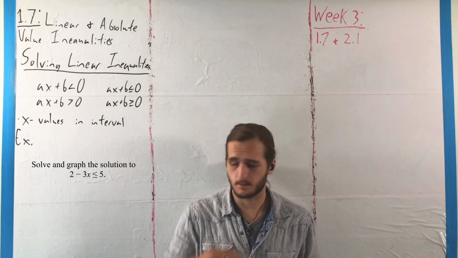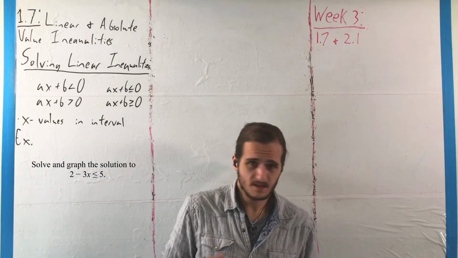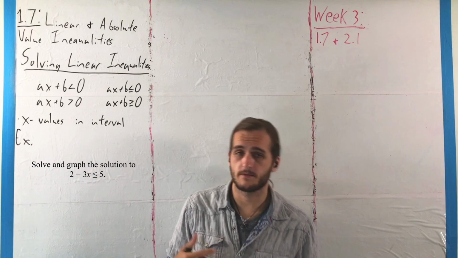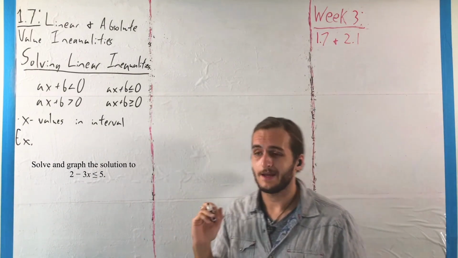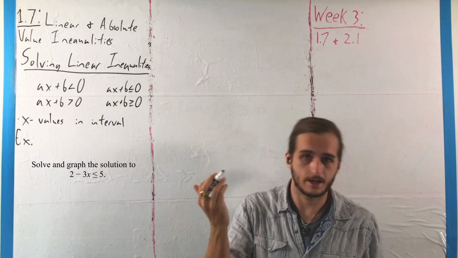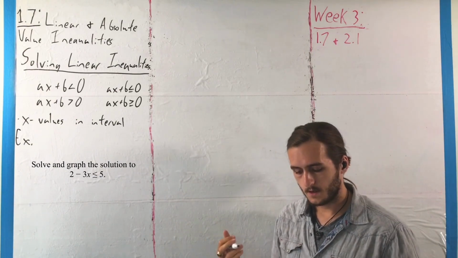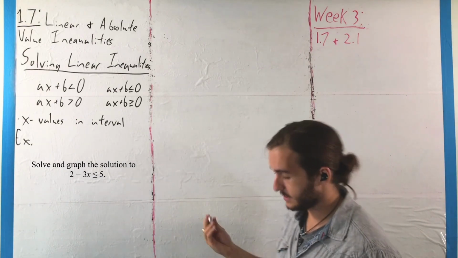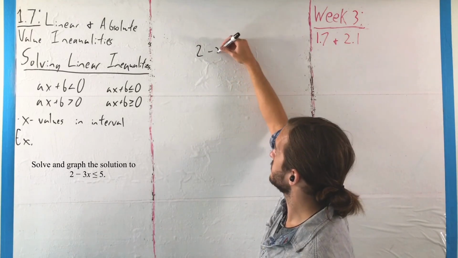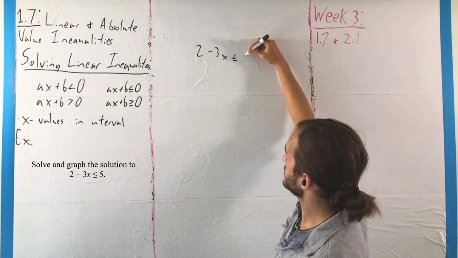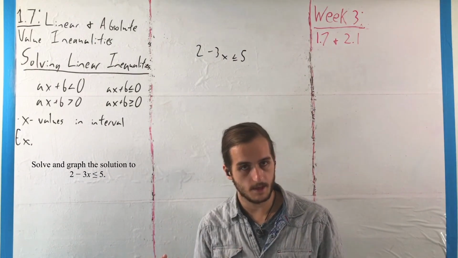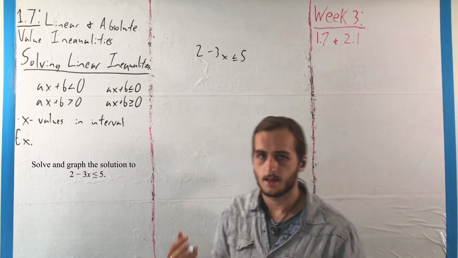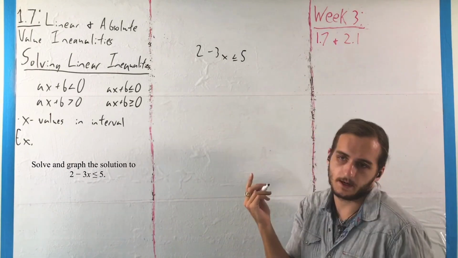Our process here is, as I said, very similar to what we would have done in sections 1.1 and 1.2 in terms of solving an equation, except now we're looking at an inequality. Here, what we would want to do is take our pieces: 2 minus 3x is at most 5, and at most or less than or equal to means the same thing in this context. Then we want to get that x by itself.